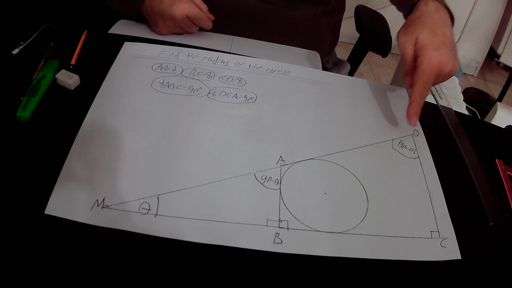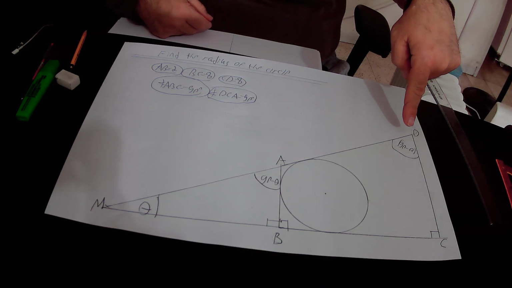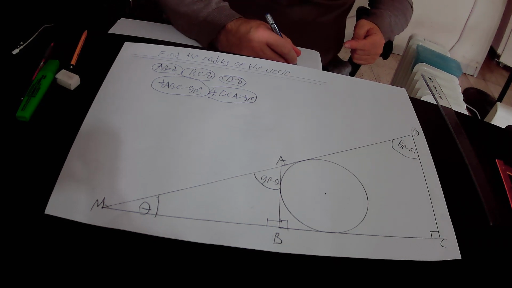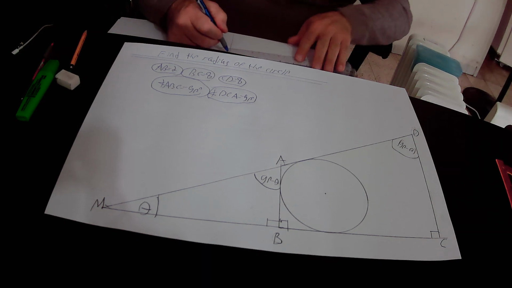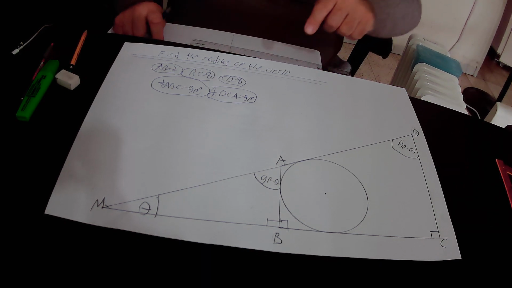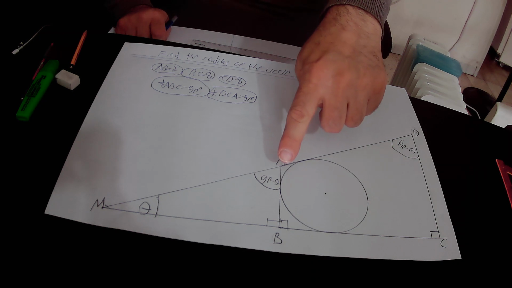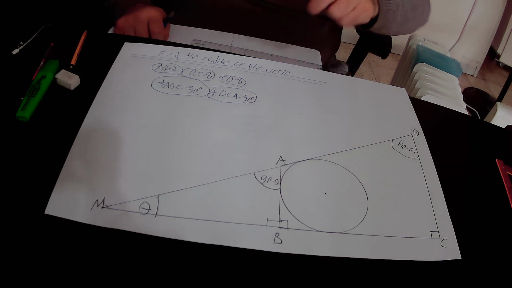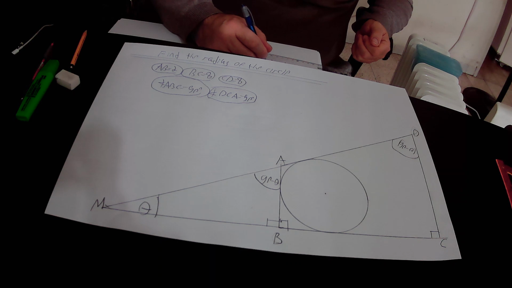So this is angle MDC in the big right triangle DCM, and it equals this angle that is actually angle MAB in the small right triangle MBA.